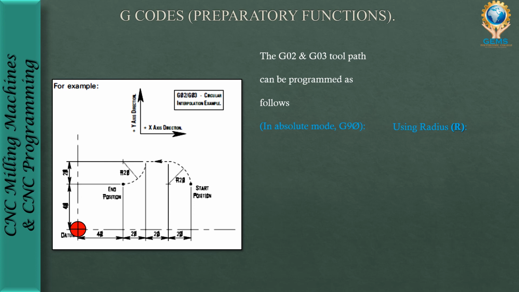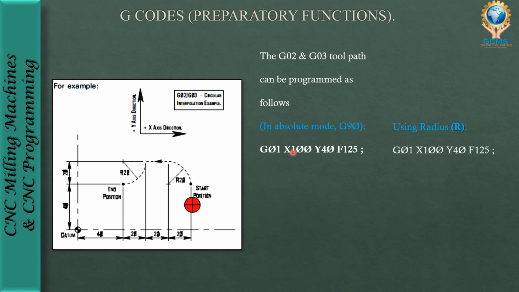Let us use both the modes, normal absolute mode and the radius mode. For example, first point: G01 X100 Y40 and the feed rate F is 125. In absolute mode and radius mode, this line is the same. We are going to take an arc here, so till here we have to move the tool.